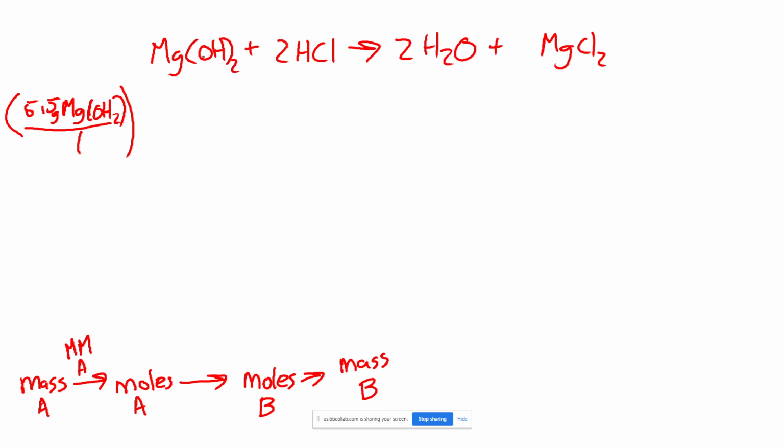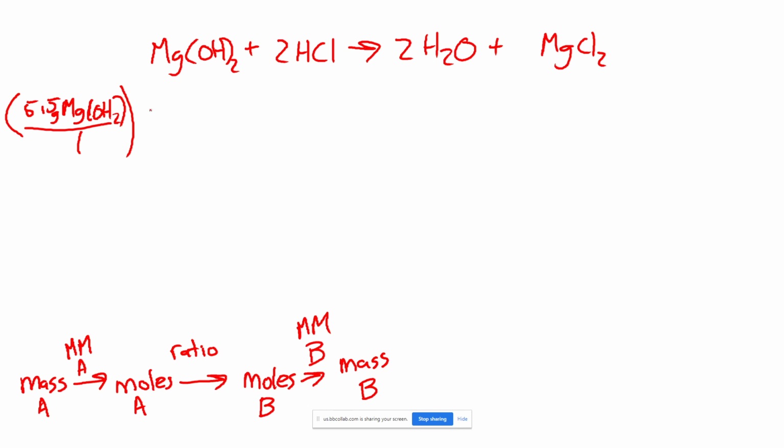So for every one magnesium hydroxide that reacts, it uses up 2 HCl's. So we'll use that here in our series of conversion factors. And then the last one here is the molar mass of the second thing, the molar mass of the HCl.